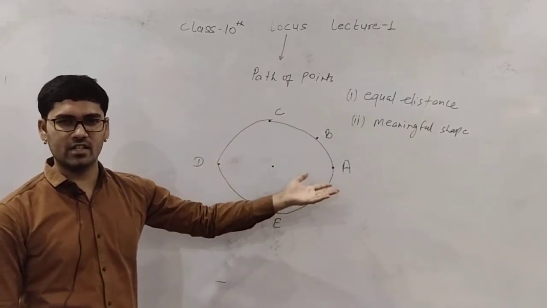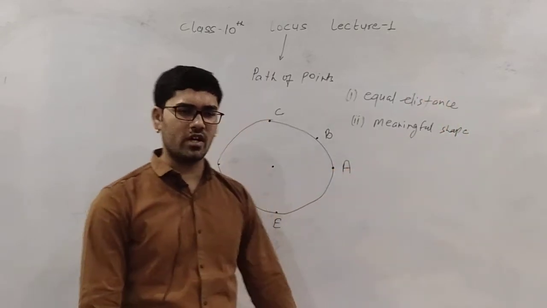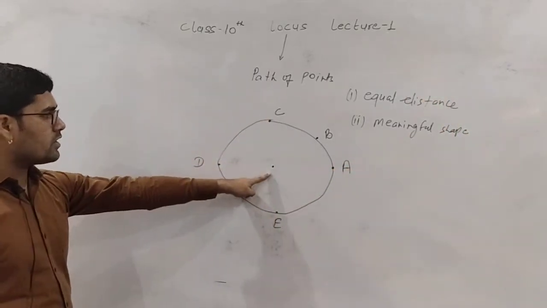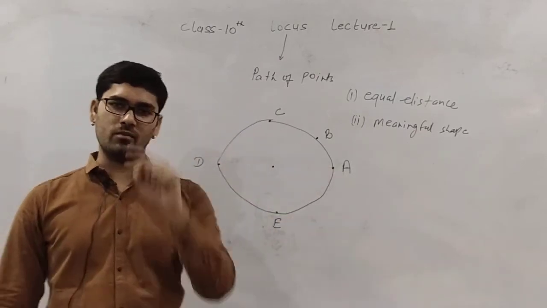We identify this, or I can say there must be an identifiable shape. So this is the locus of one point.